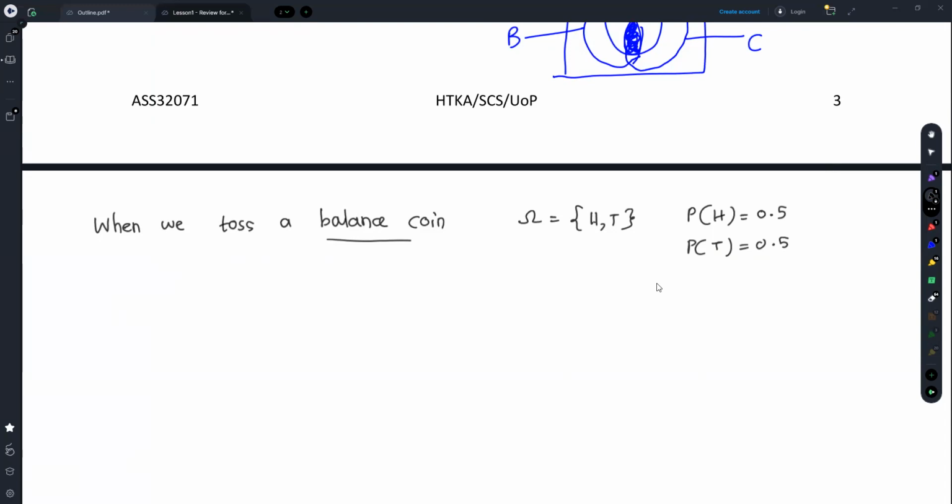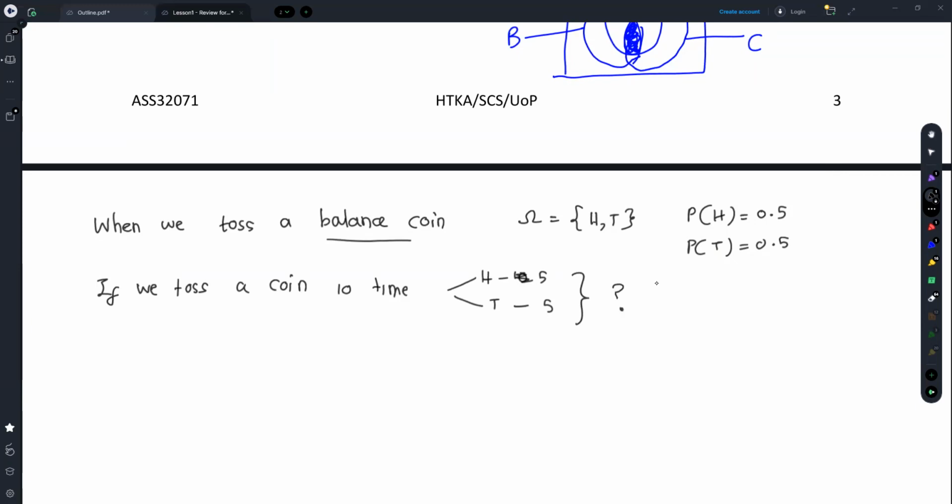Now tell me, if you toss a coin 10 times, when we say the probability of H is 50% and T is 50%, does that mean you always get 5 heads and 5 tails? If you toss a coin 10 times, it's 50%, so half of it should be heads, half of it should be tails.